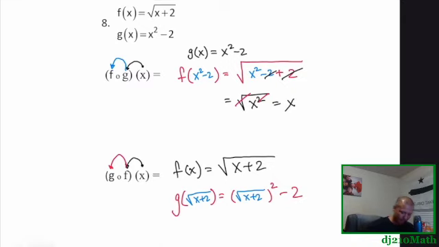Calculating the right-hand side, when I square a square root, it cancels. We're left with x plus 2 minus 2, and plus 2 minus 2 cancels, leaving behind just x.